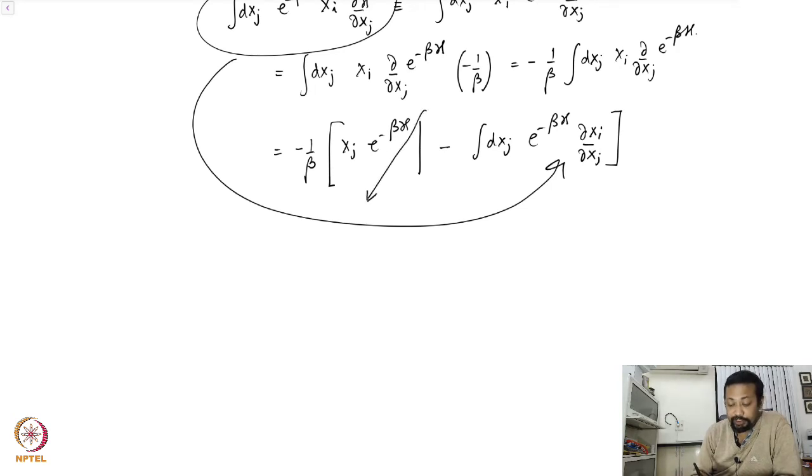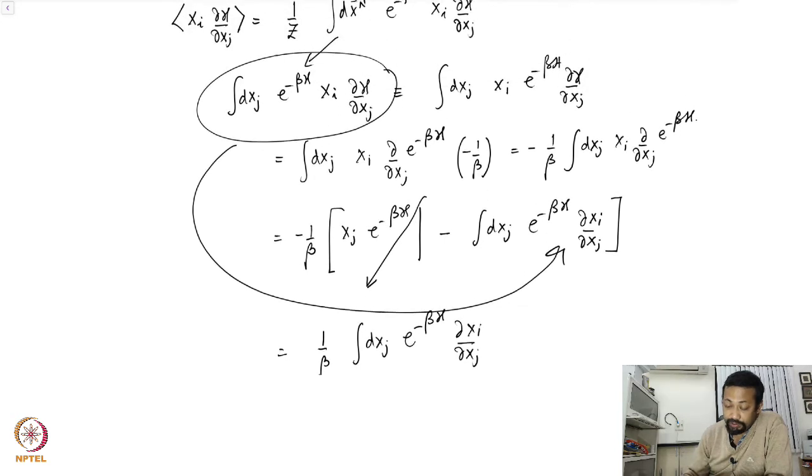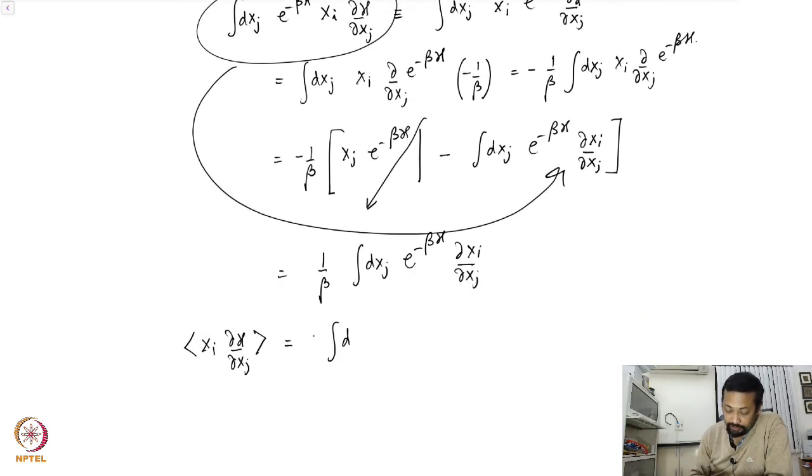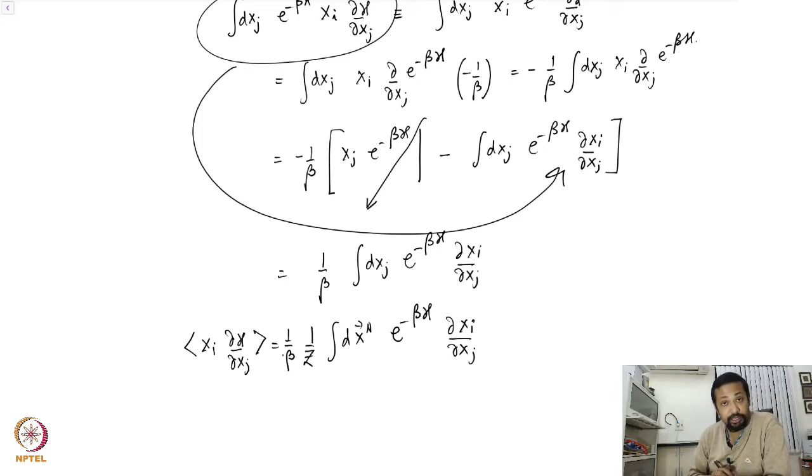The first term vanishes because it's a boundary term, and therefore you are left with 1 over beta integral dx_j e to the power minus beta H del x_i del x_j, which means this average of x_i del H del x_j is 1 over Z, integral d^n x, e to the power minus beta H del x_i del x_j, and a 1 over beta outside.